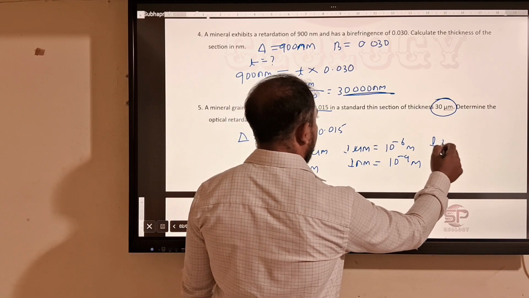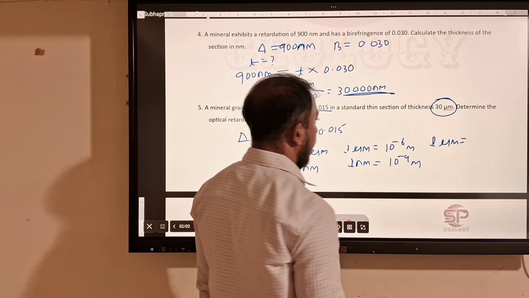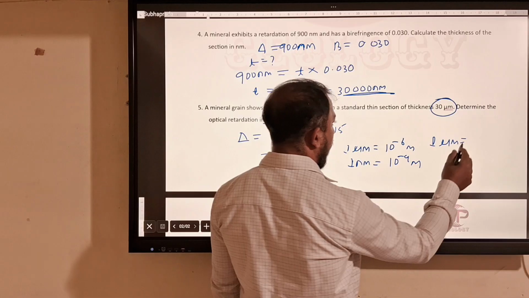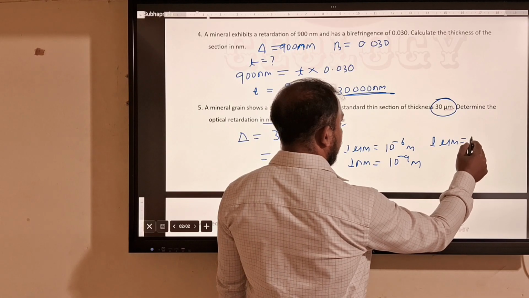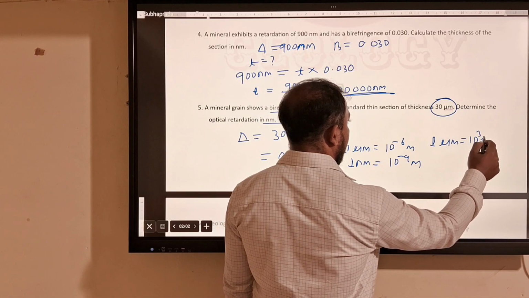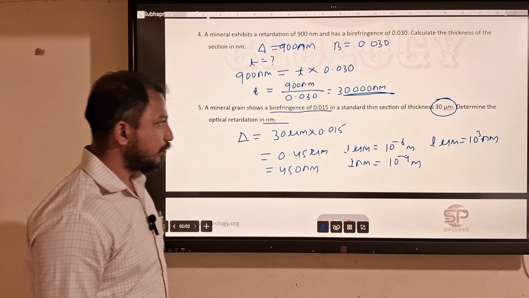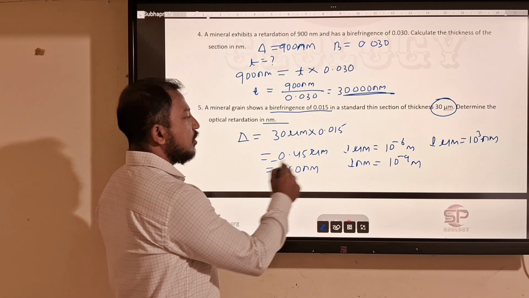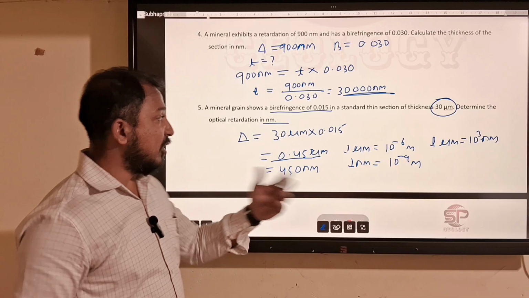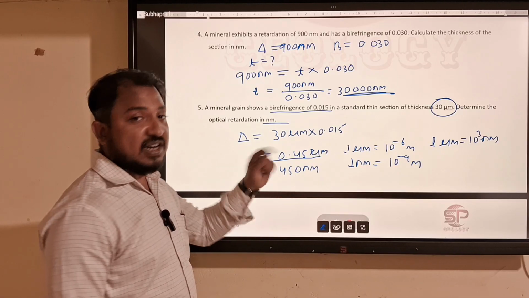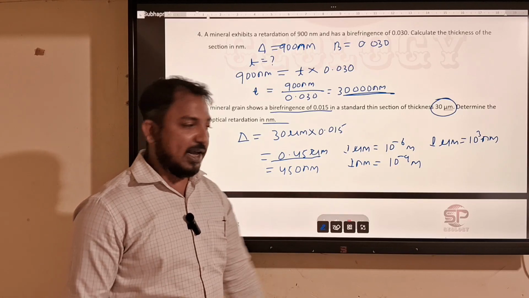So 1 micrometer is 10 to the power 3 nanometers. Converting 0.45 micrometer, because the answer is required in nanometers, it will be 450 nanometers.